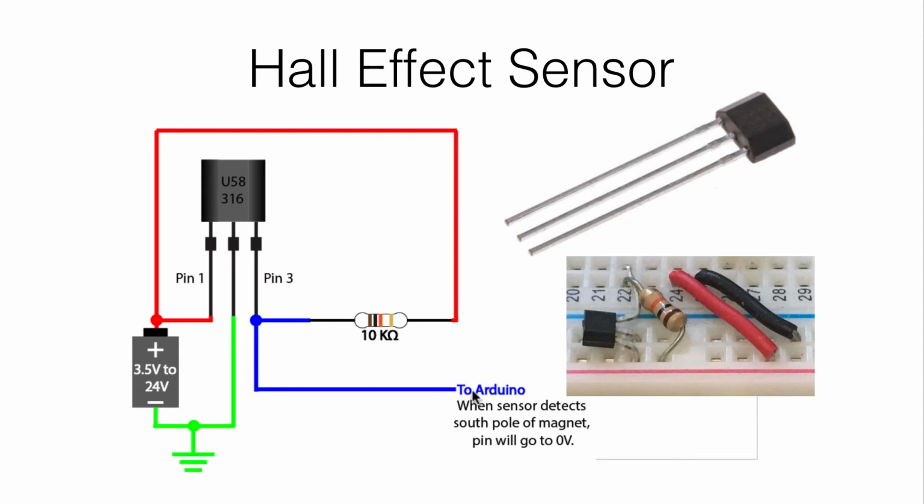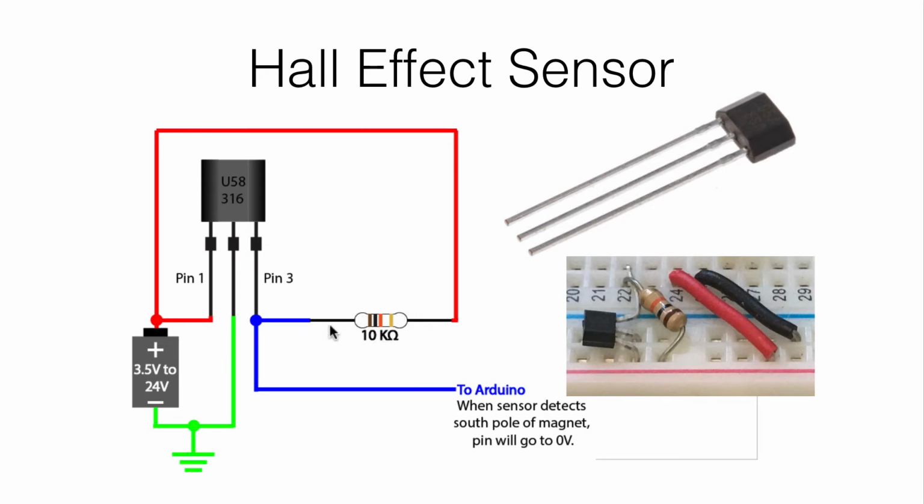So this pin that goes to the Arduino, when there's the south pole of a magnet, the pin goes down to 0 volts. And when there's not, it'll be up at 5 volts or 3.5 volts or whatever the supply voltage is, pulled up by this 10 kilo ohm resistor.